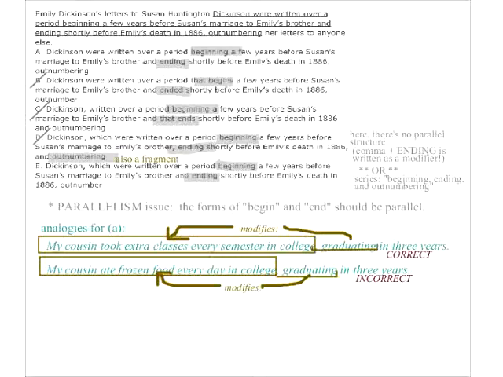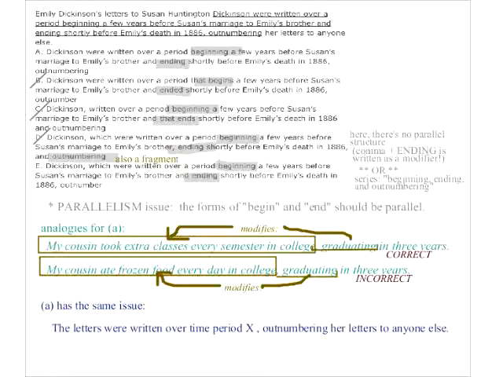So be careful. Okay, A has the same problem as the latter of these two sentences. Let me elaborate real quick. A has the same issue, which is the letters were written over time period X, comma, outnumbering her letters to anyone else.